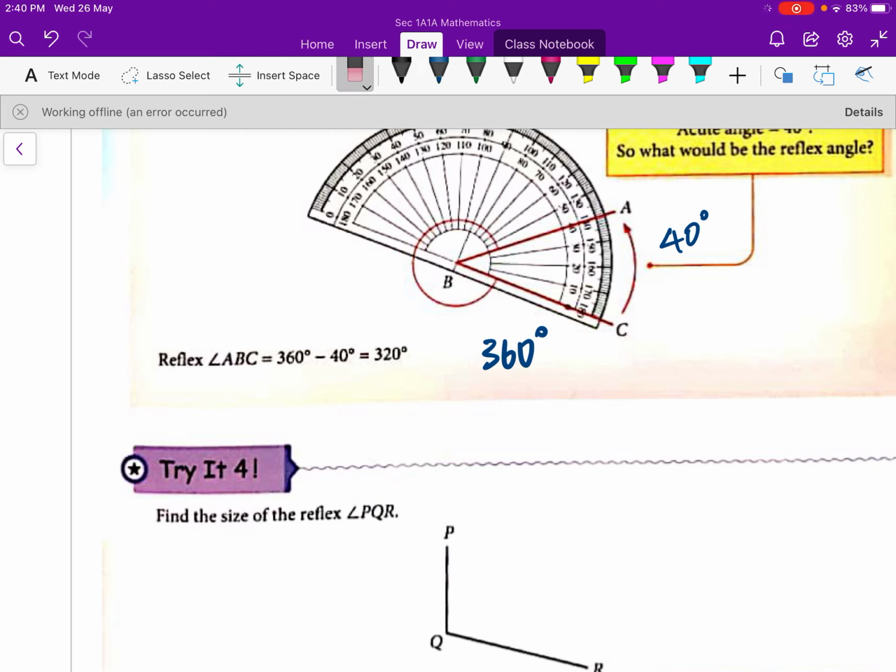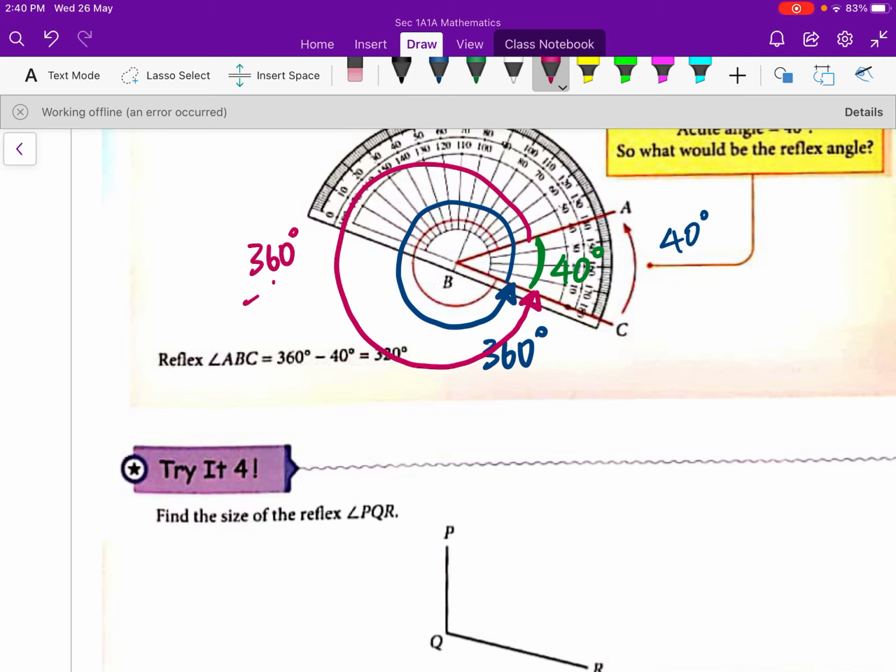The entire circle, 360 degrees. This green portion is our acute angle of 40 degrees. What we actually want to find is the remainder. So the remainder must be 360 minus 40 to get 320 degrees.